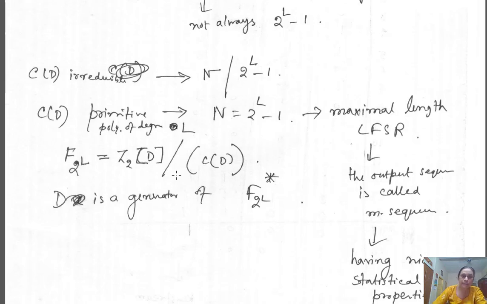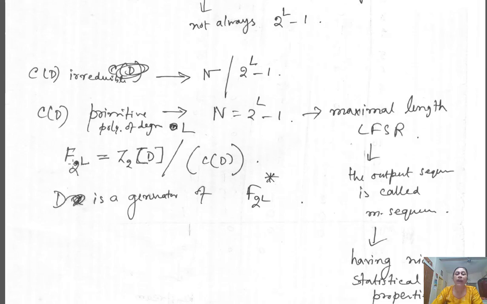So this is a field, with two operations, plus and dot, meaning multiplication. The multiplicative group forms a cyclic group, and a cyclic group has a generator. So this is a primitive polynomial if its generator is a root of this.